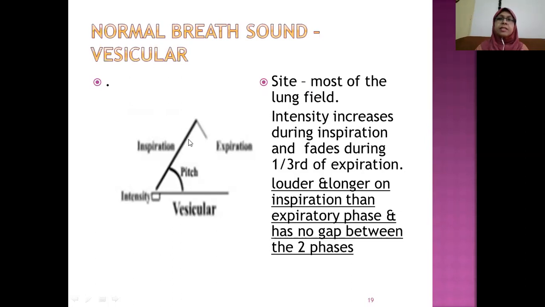Intensity increases during inspiration and fades during the first third of expiration. That is, it is louder and longer during inspiration than the expiration phase, and there is no gap between the two phases. I'm sorry, the figure is not good enough.